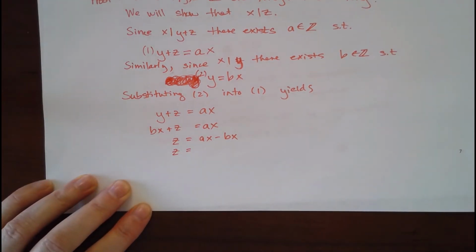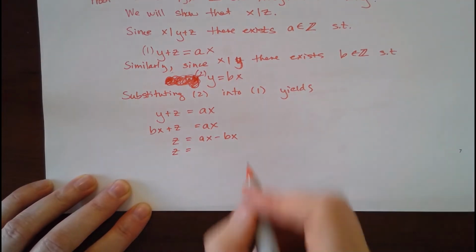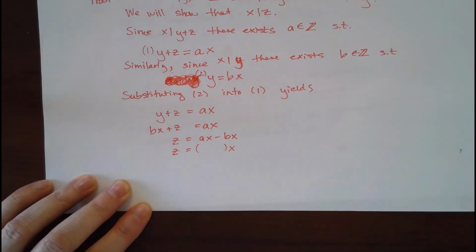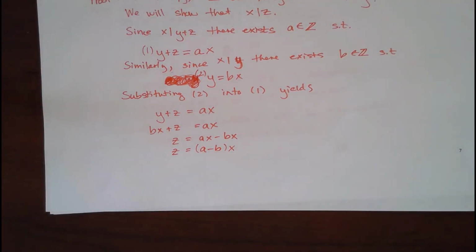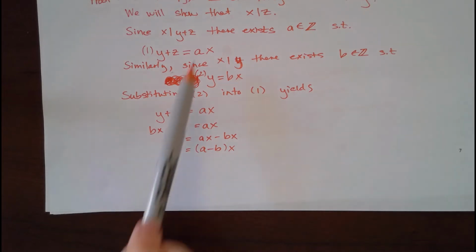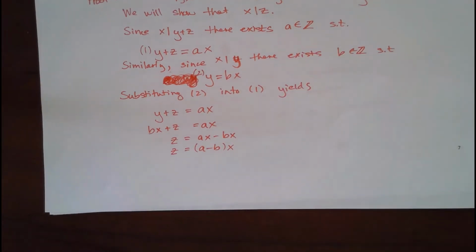So hopefully you feel like you want to do what with this? Yeah, you want to factor it into a minus b times x. So once I get down to this statement, what would have to be true for me to make the claim that x divides z? A and b are integers. I already know that. Right here, a is an integer, b is an integer.